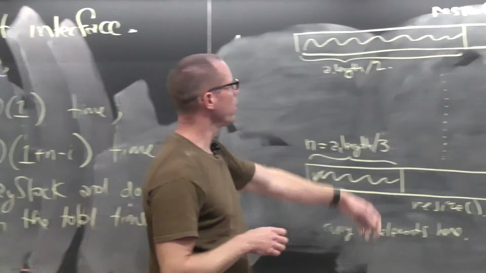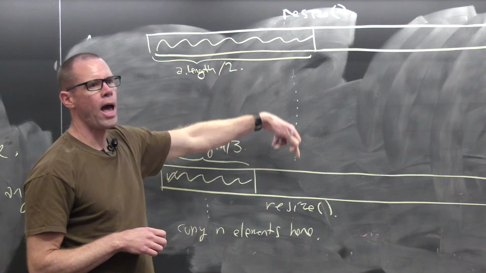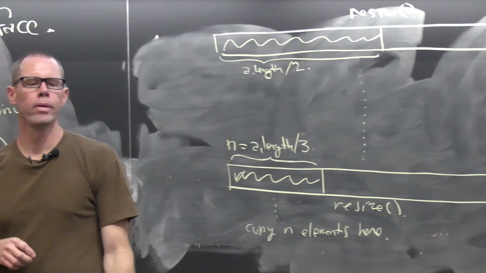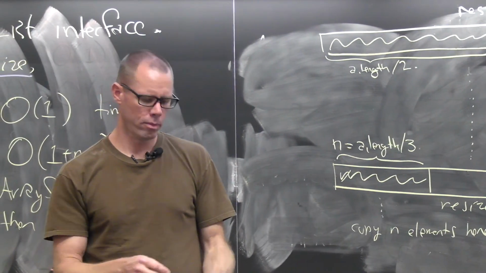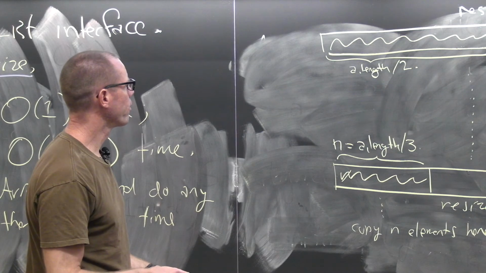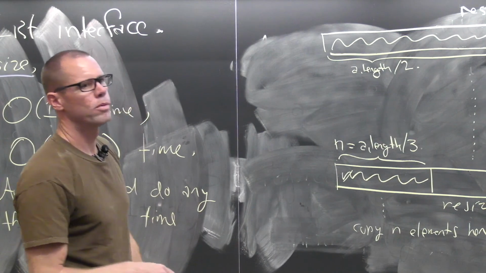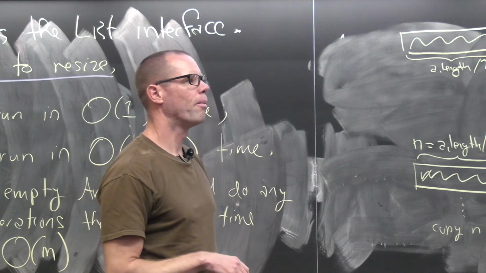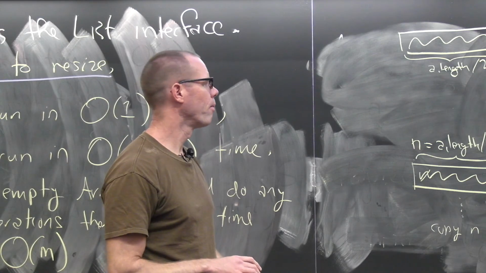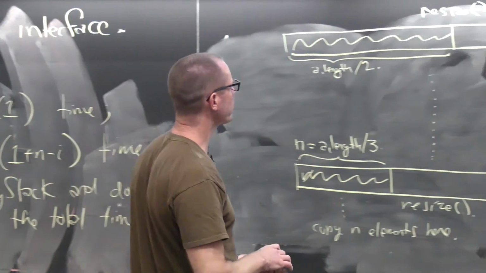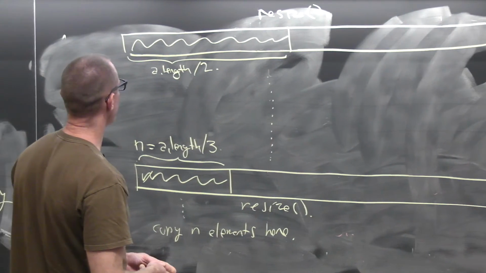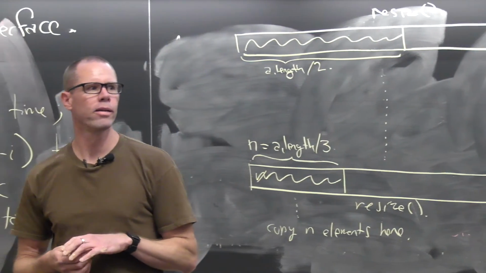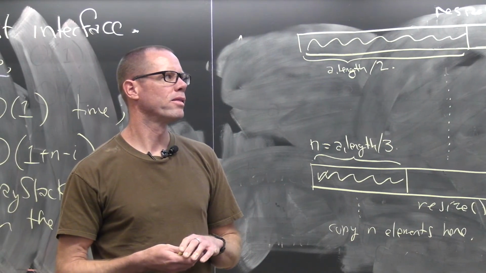So what can you tell me about the number of add or remove operations that happen between then and now? Should it be a dot length over 6 remove operations? What's the difference? If you take 1/2 and subtract 1/3, what do you get? A sixth.